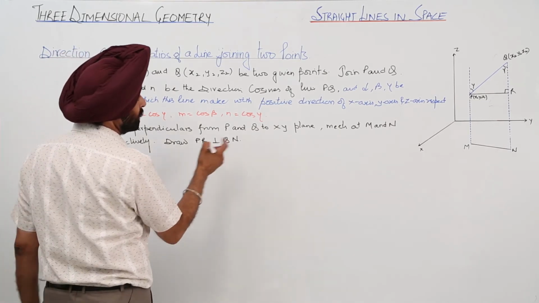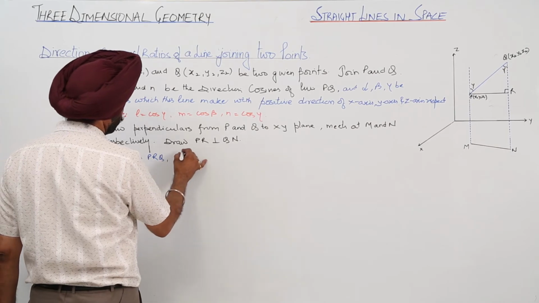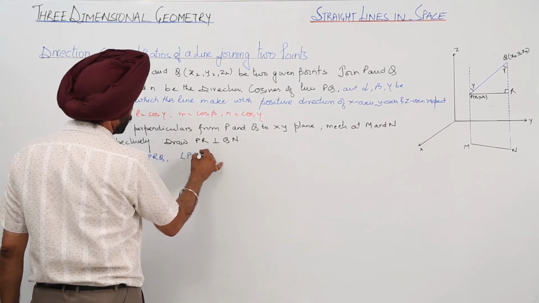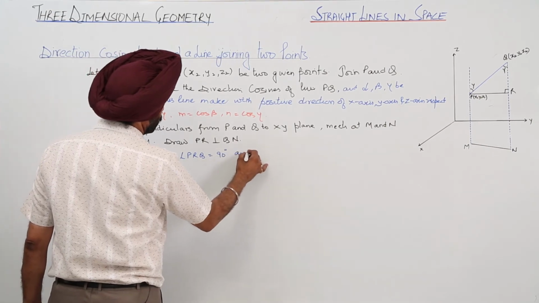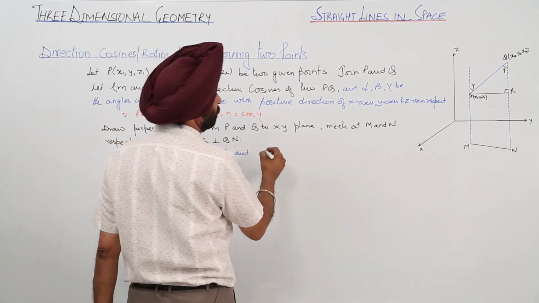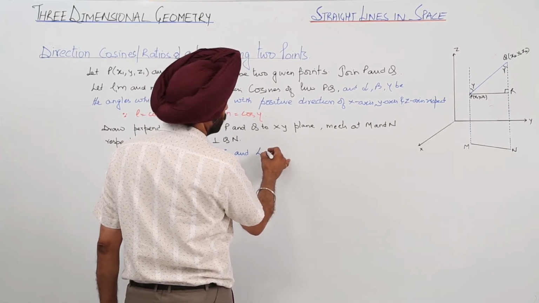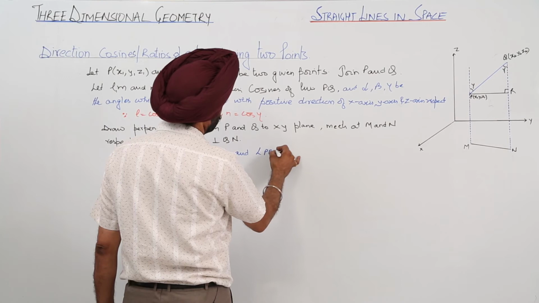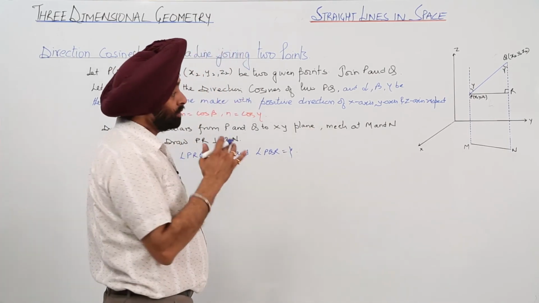Now, in triangle PRQ, angle PRQ is equal to 90 degrees and angle PQR is equal to gamma because we are with the z-axis.